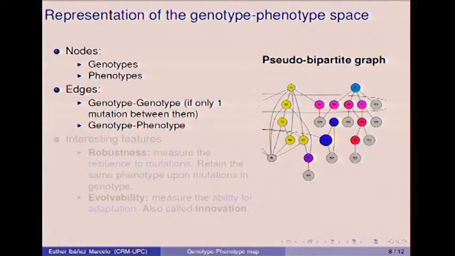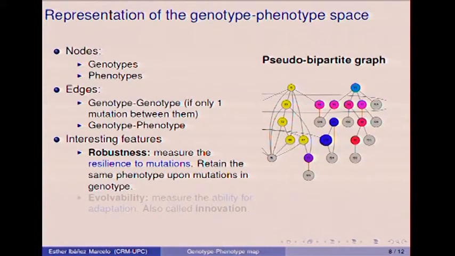There are two kinds of edges between them: genotype edges, which correspond to when two genotypes differ by only one mutation, and genotype-phenotype edges, where each genotype has an associated phenotype as a final state. And we would like to study properties of this kind of network.